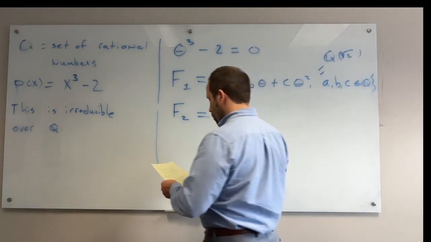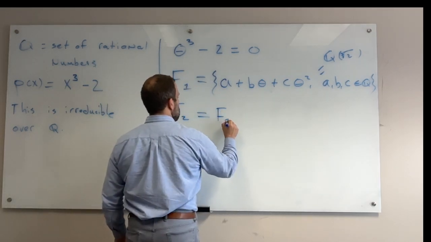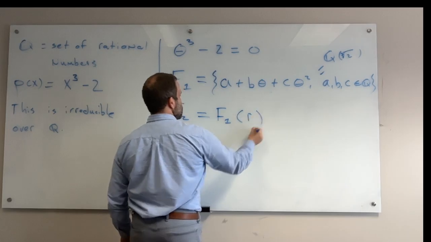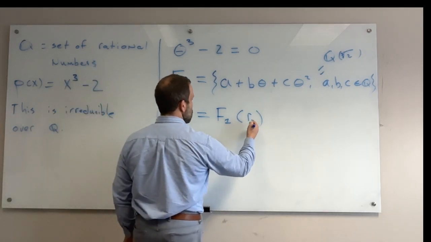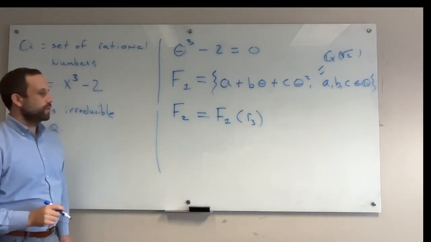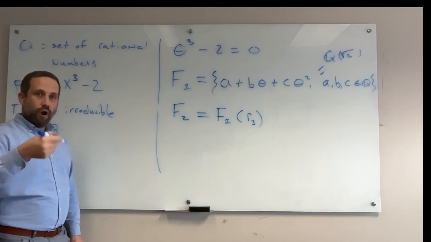Okay, so then F2, we could say, is going to be equal to F1 if we adjoin the third root of unity. I'm going to call this R sub 3, the third root of unity. Okay, now we need R and R squared. R cubed is equal to 1.